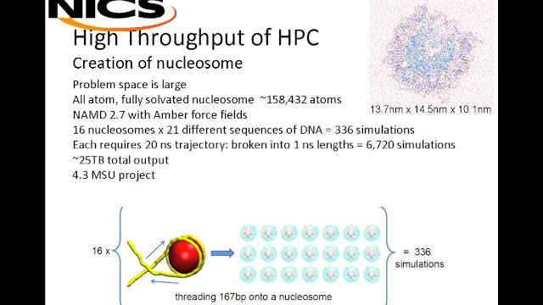We'll have the actual animations on our website. Nancy, I'm sure, will provide them, as you can see how these are created. But overall, to understand this problem, there's a lot of simulations involved, nearly 7,000, to see how the DNA is wrapped around the histone.